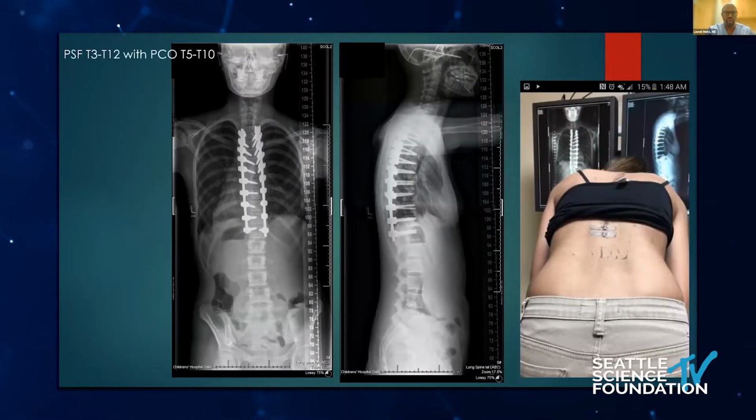And so part of what we try to achieve with her correction is correcting the coronal plane. She has a 1B curve, so we're trying to more or less get the LIV parallel to the sacrum, and then trying our hardest to induce some kyphosis.